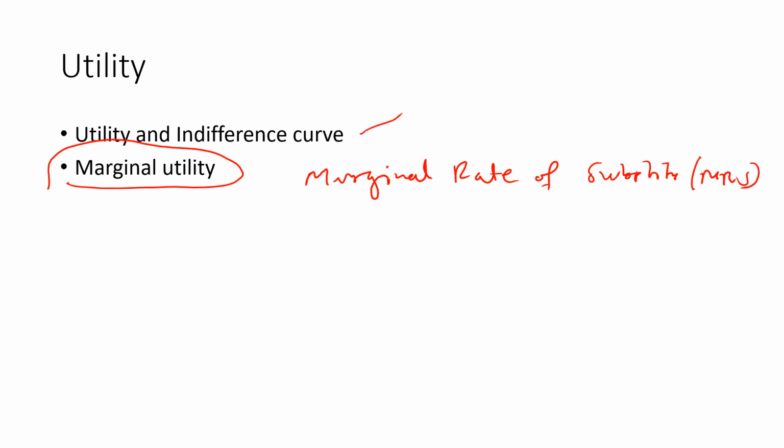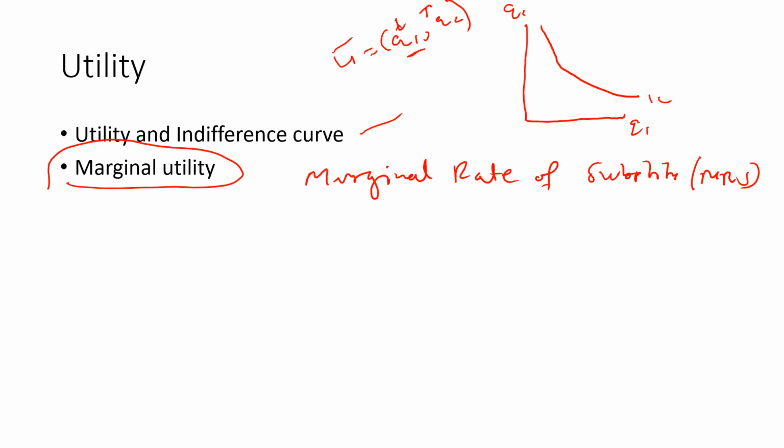So we understand the indifference curve, that is, we have two goods q1 and q2, and the various bundles of q1 and q2 give us the indifference curve. Now when we want the utility to remain constant, if we have to increase q2, we will have to decrease q1. How much of q1 do we have to sacrifice in order to keep the utility constant?